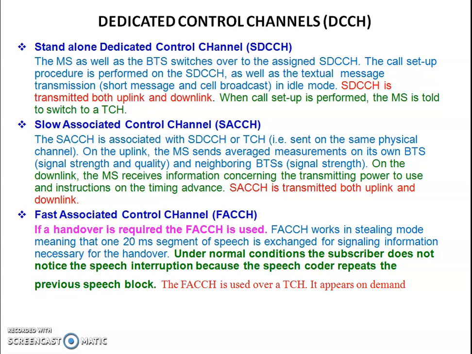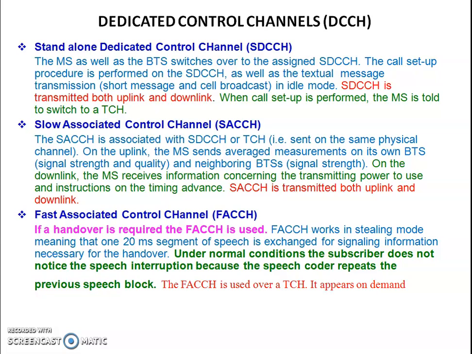So it deals with both uplink and downlink, getting the signal strength information and the quality of the signal. This slow associated control channel is helping in the logical structure. Next, the fast associated control channel. If a handover is required, FACCH is used.